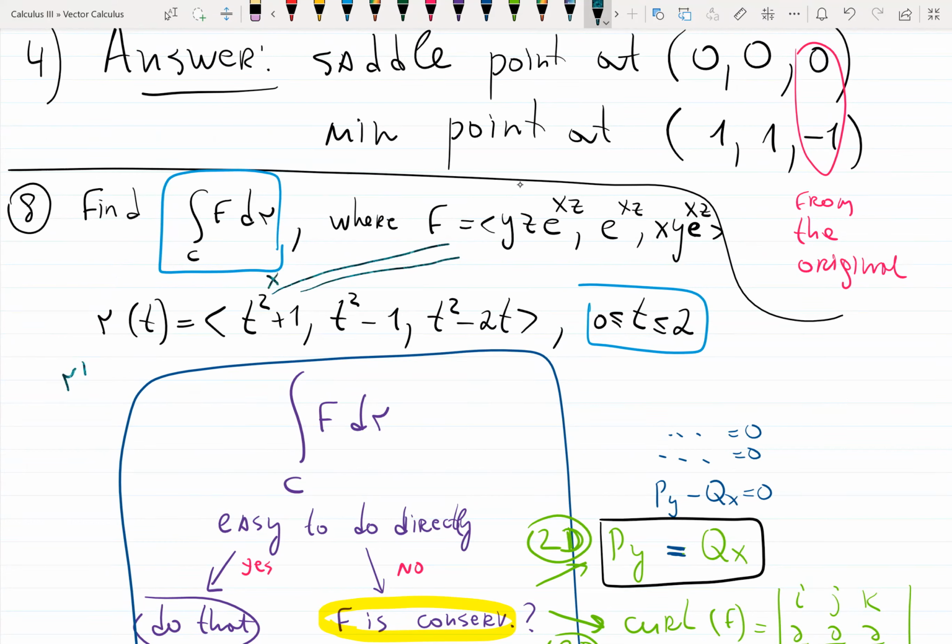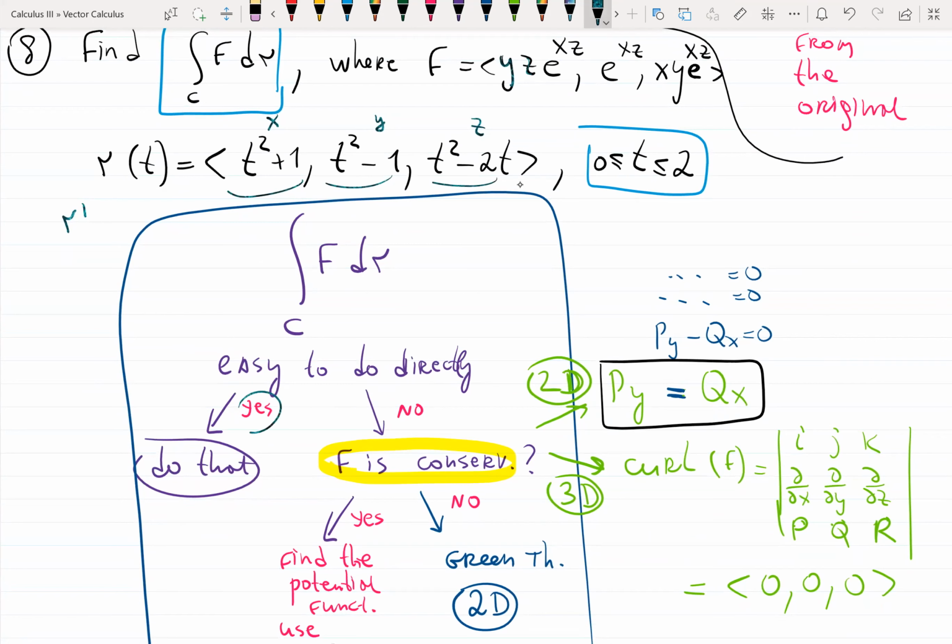So this is x, this is y, and this is z, and I would have to multiply y by z, e to the xz, and that's a lot of extra work. Seems like that actually is harder than checking it's conservative, finding the antiderivative, and then plugging in top minus the bottom, because x times z and e to the xz is so much work to do. That is my justification why we did not do it this way. It was not that easy to do it directly.